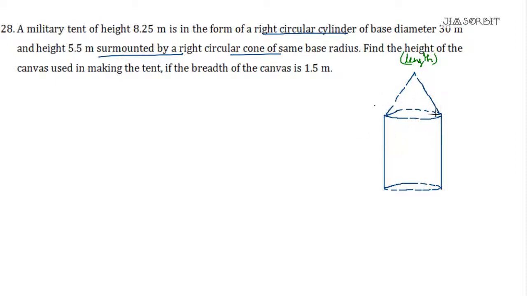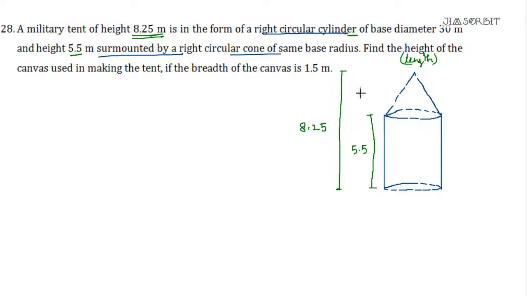Okay, so suppose this is the figure. Now we have got this total height. So the total height is given, 8.25 is the total height, and 5.5 is the height of the cylinder. So this is 5.5.